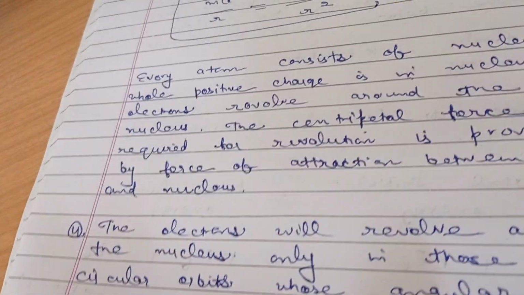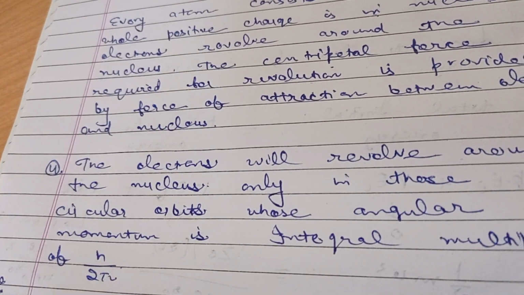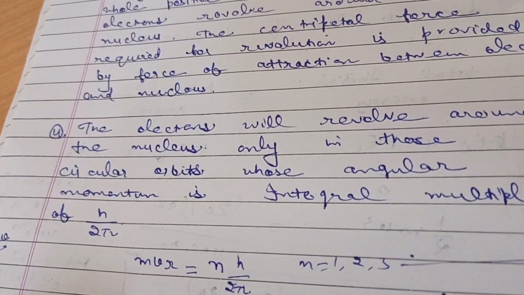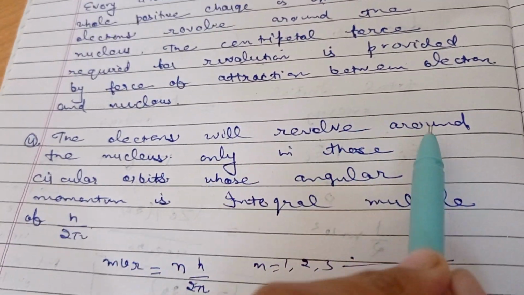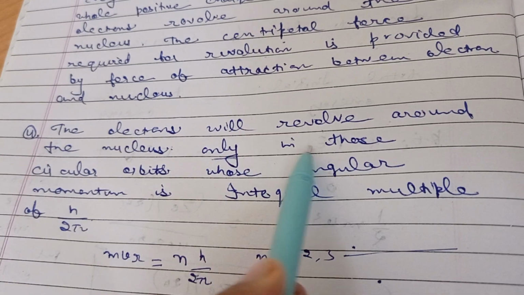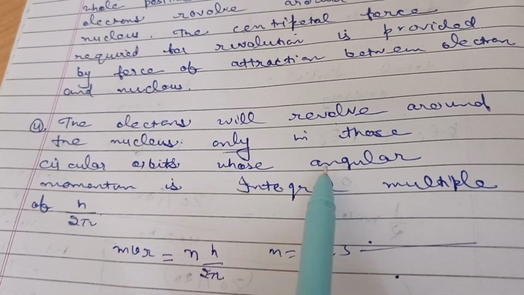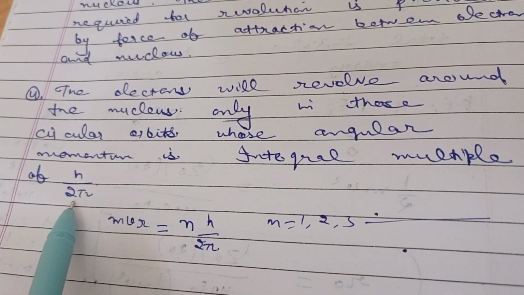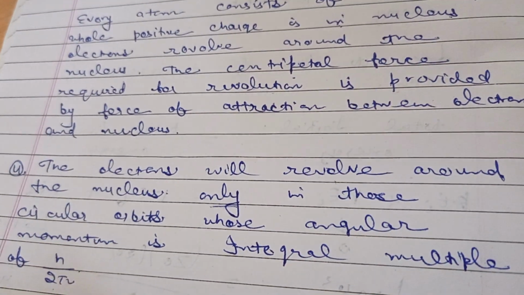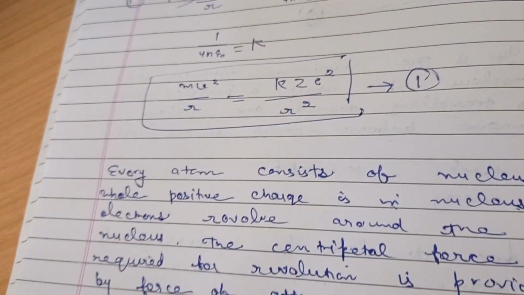Okay, so Bohr overcame the limitation of the Rutherford model by saying that no, the electron will revolve around the nucleus only in those circular orbits whose angular momentum is an integral multiple of h by 2 pi. Clear? It is the second postulate of the Bohr model.